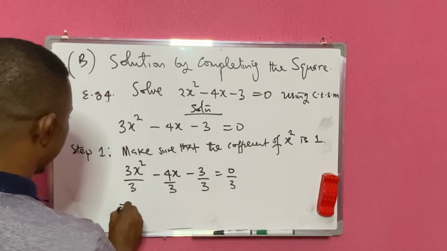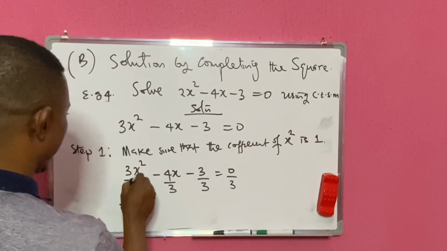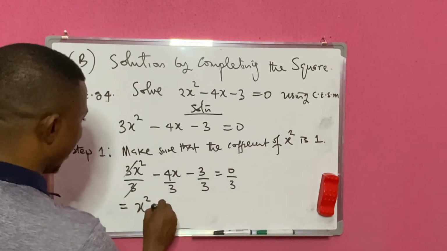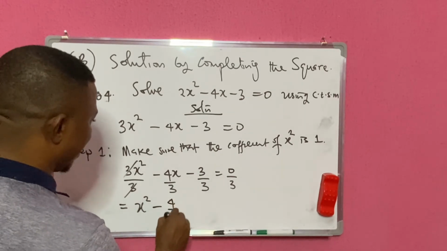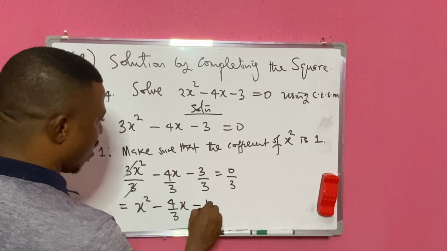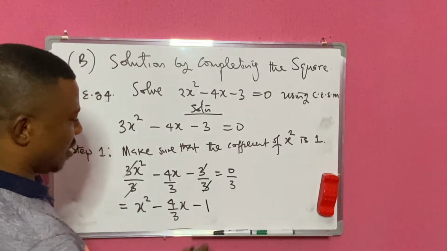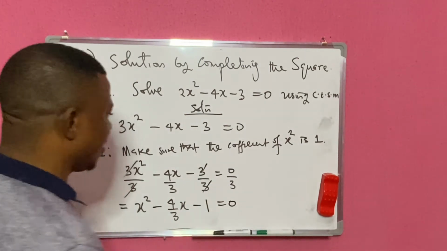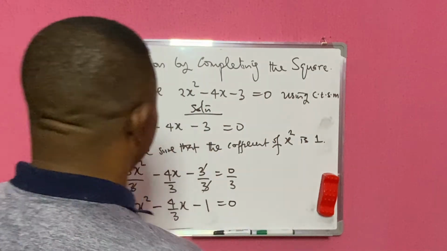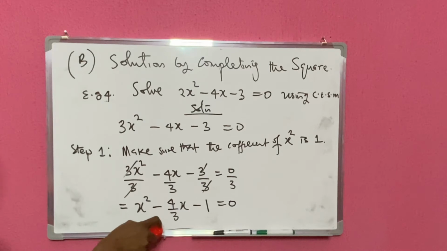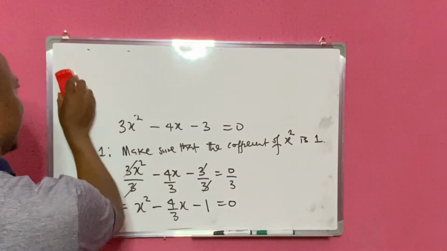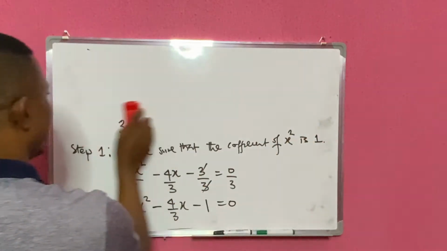This will give us x squared, because they have cancelled, minus 4 over 3 x, minus 1, they have cancelled, equals 0, because 0 divided by 3 is 0. You see, the equation has taken a new form. Pay attention very well.